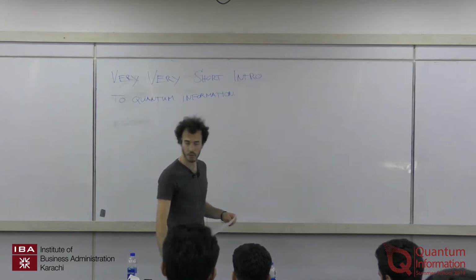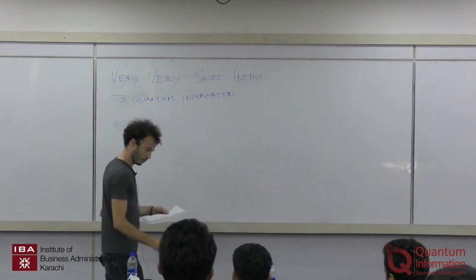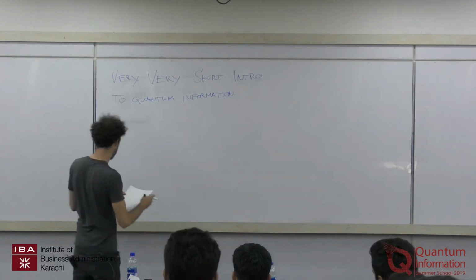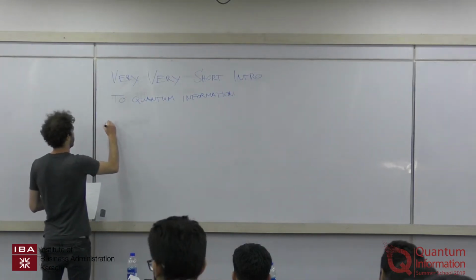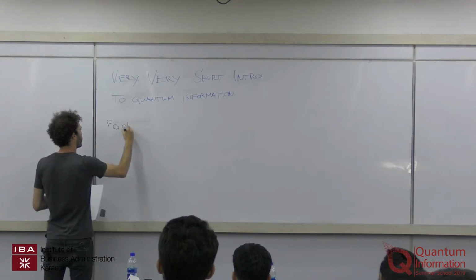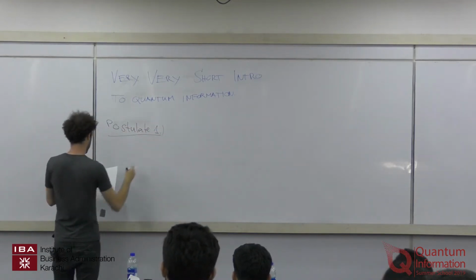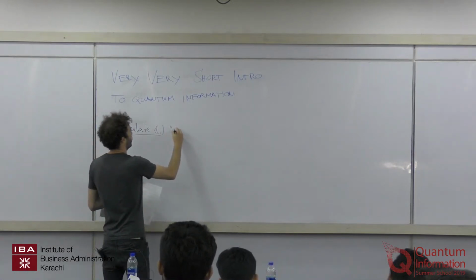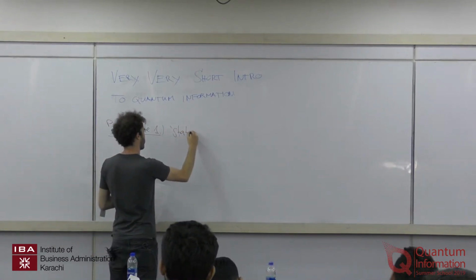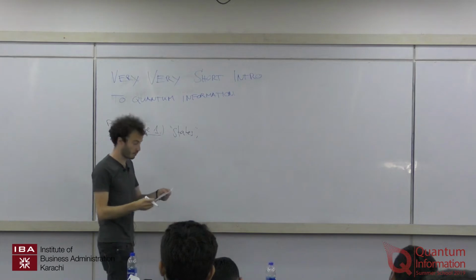So quantum theory is based on 4 postulates. I think this is the easiest way to see it. Postulate 1 defines states and where states live, quantum states.